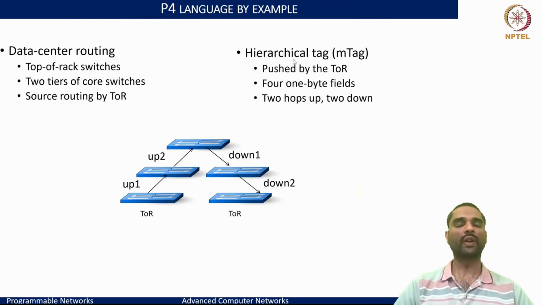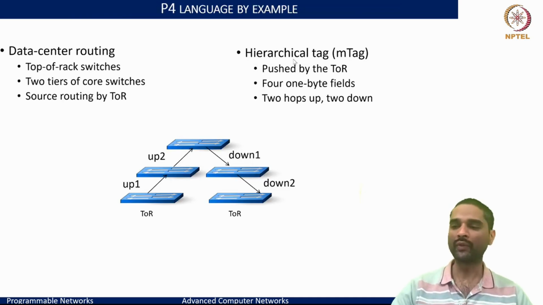So take for example a very simple data center routing where we have a very simple topology. We'll look into this in detail about data centers later, but consider that we have a device that is connected to this top of the rack switch here, and it would want to send a packet down to this other top of the rack switch.